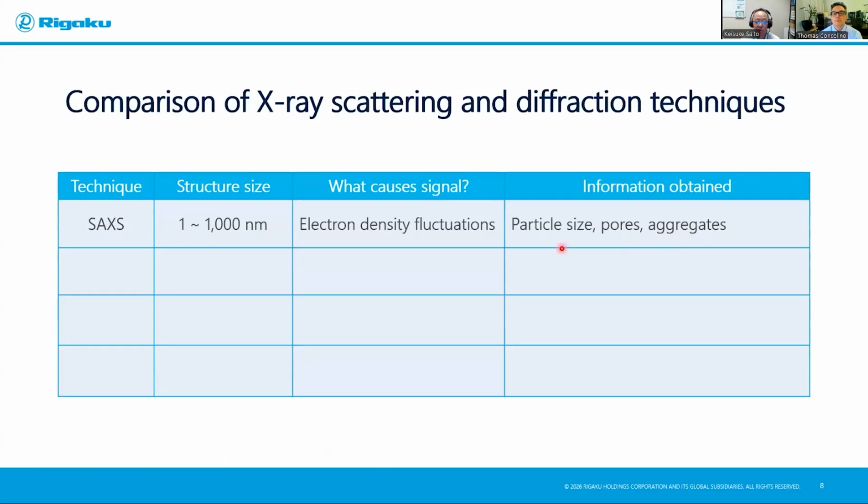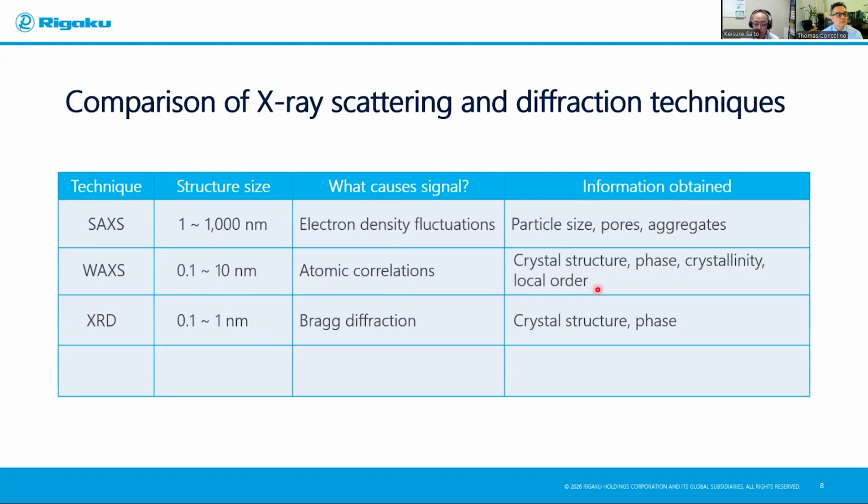SAXS scattering is caused by electron density fluctuations in your sample. For WAXS, we see smaller scales, like 0.1 nanometer up to 10 nanometer. This is caused by atomic correlations, so you could determine crystal structure or phase information, crystallinity, or local orders.